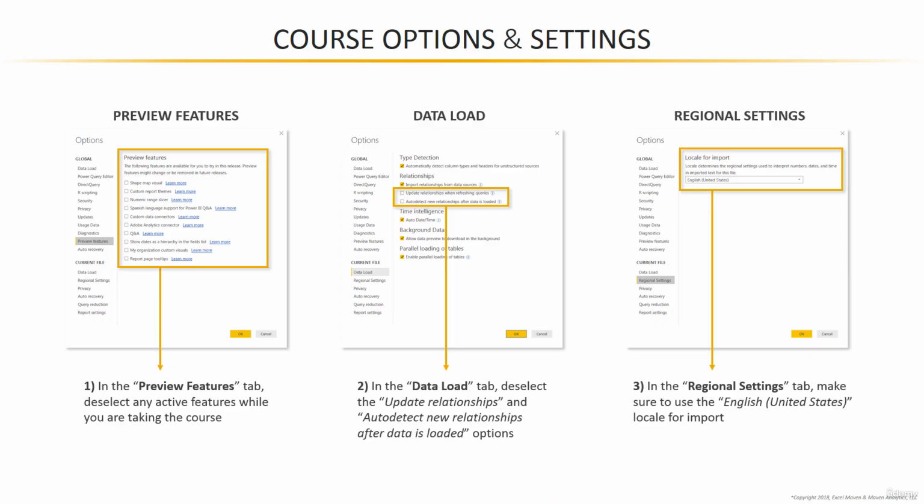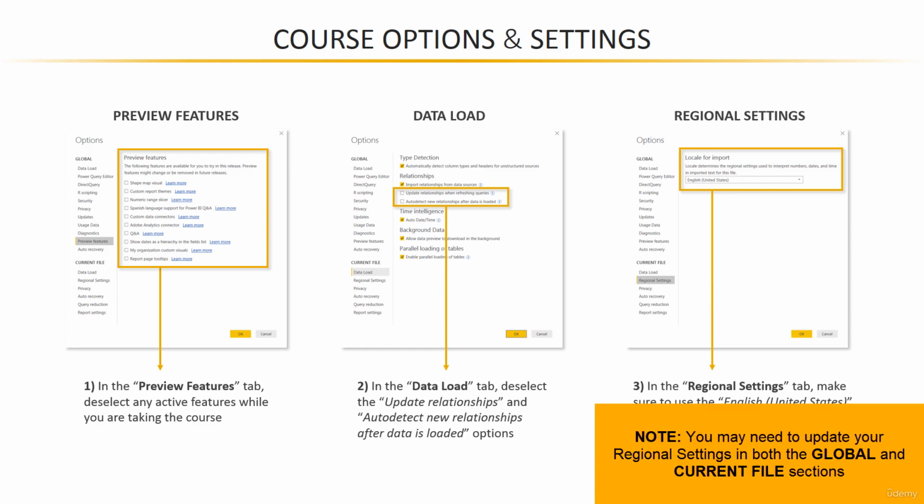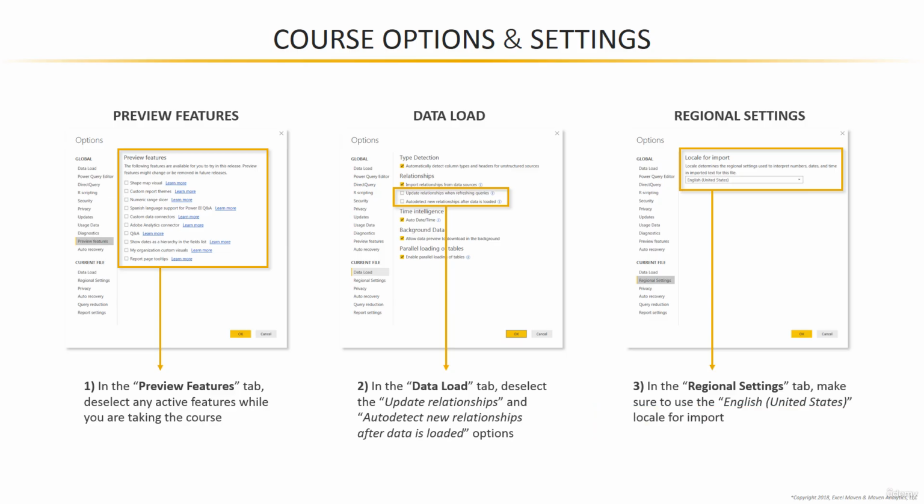And the third update we're going to make is with the regional settings. Now, this is an important one. We need to set the locale for import to English United States. And the reason we have to do that is that the downloadable resource files and the CSVs that I've created for the course projects are built using English settings. So the dates are formatted as month, day, year.